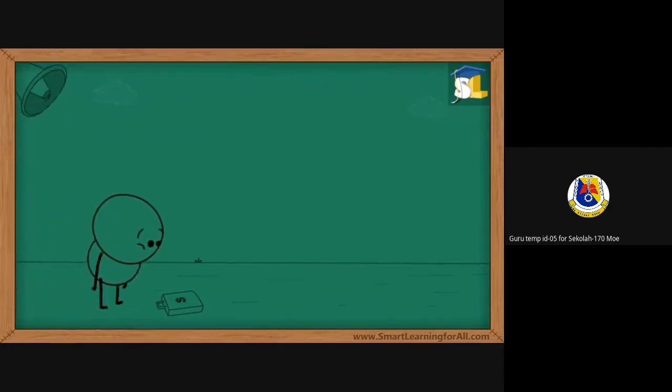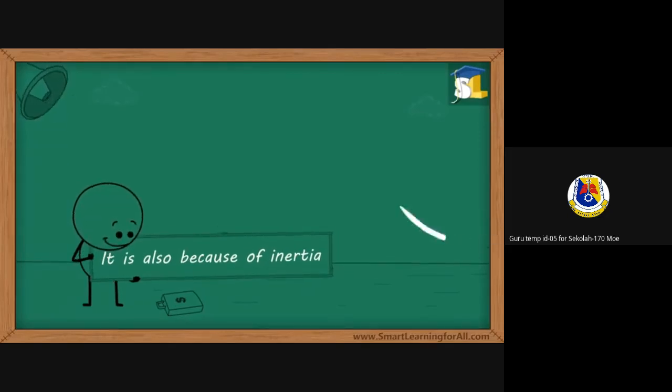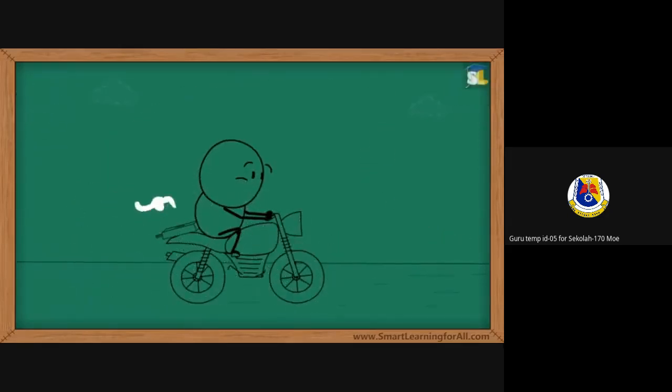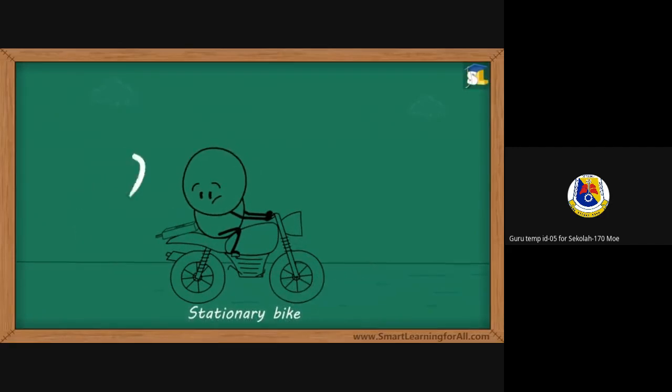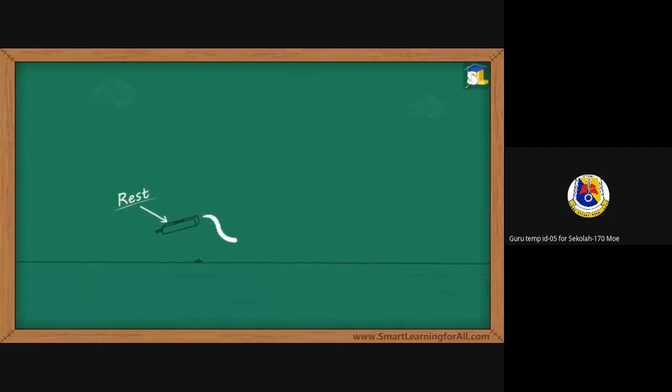This time, the bag fell again. Can you guess why? Yes, you guessed it right. It is also because of inertia. When the bag was on the stationary bike, it was at rest. Now, when the bike was accelerated suddenly, it moved forward. But the bag being at rest did not move due to inertia of rest, and hence it fell down again.